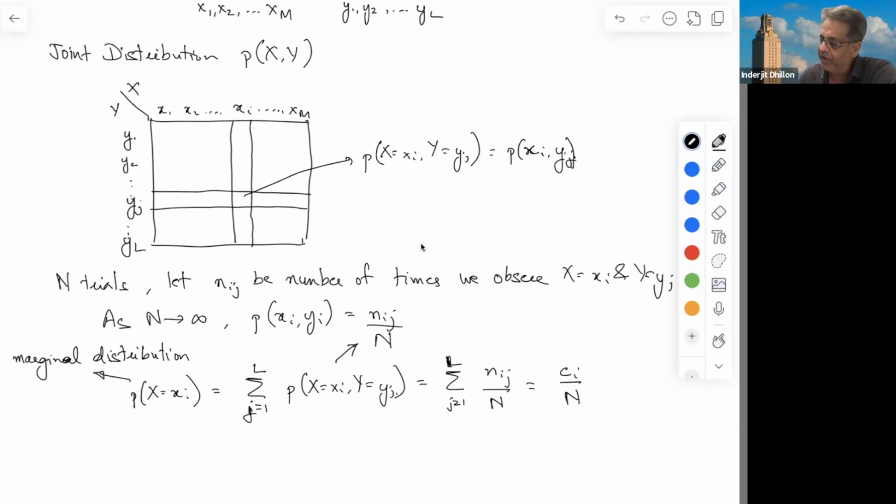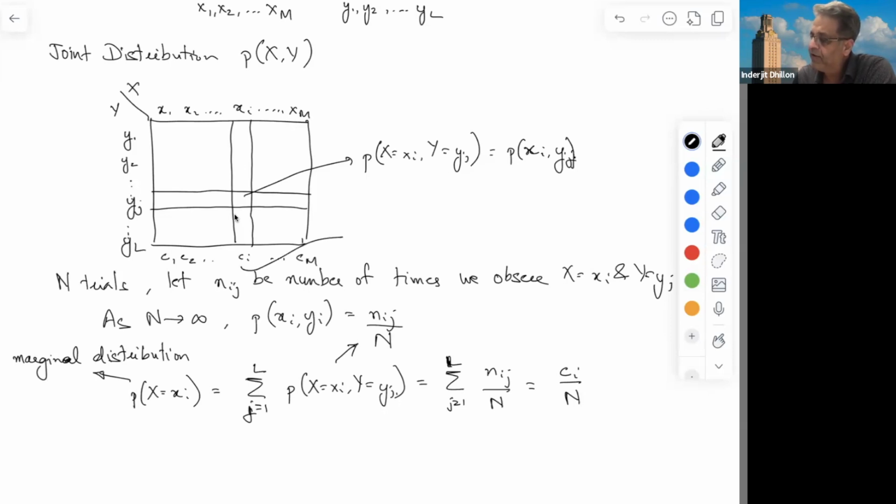For example, in my table, if I record the number nij in each cell, then I can list the cumulative sums as C1, C2, Ci, Cm.